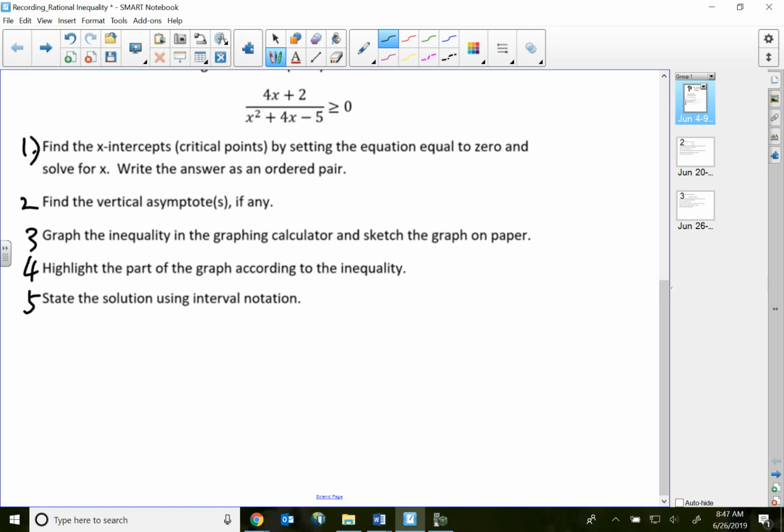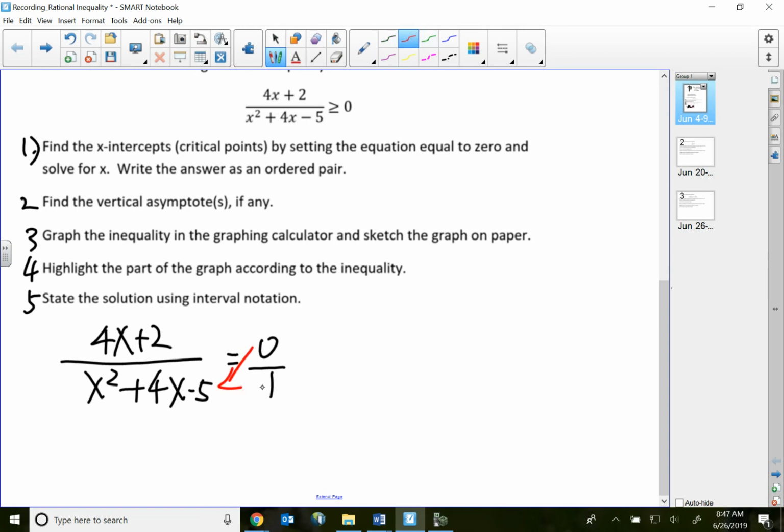Find the x-intercept, very similar steps to what I showed you in the previous video. I'm going to set my function equal to 0, meaning over 1, so I can quickly use a cross product to help me. 0 times these 3 terms down here is still 0, and 1 times those 2 terms up there is still 4x plus 2.